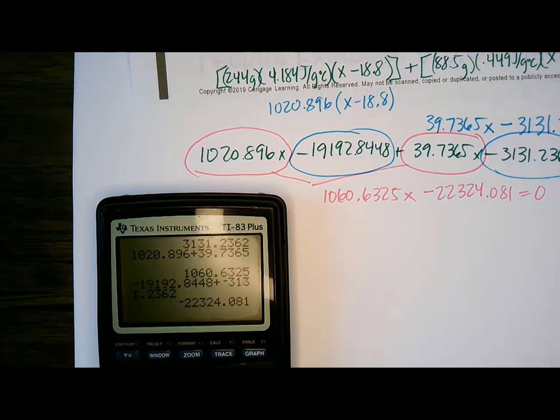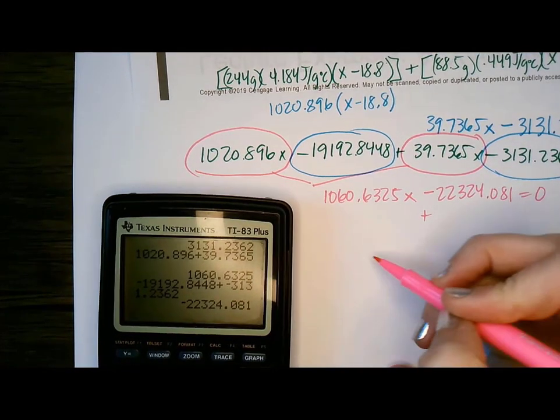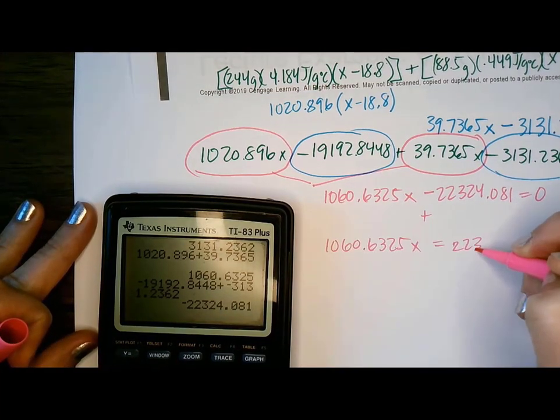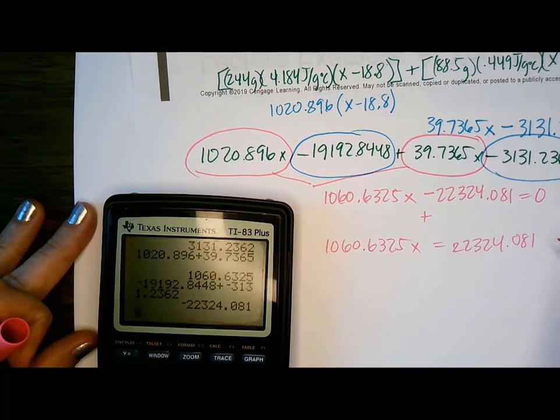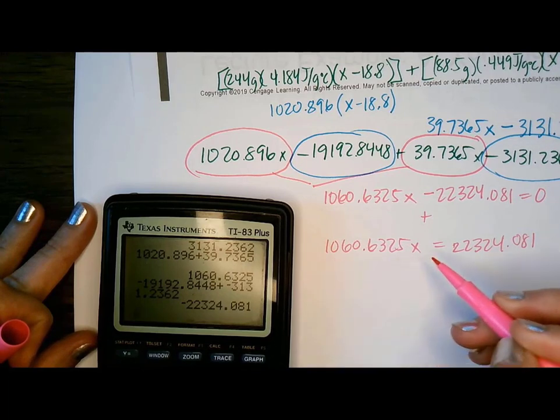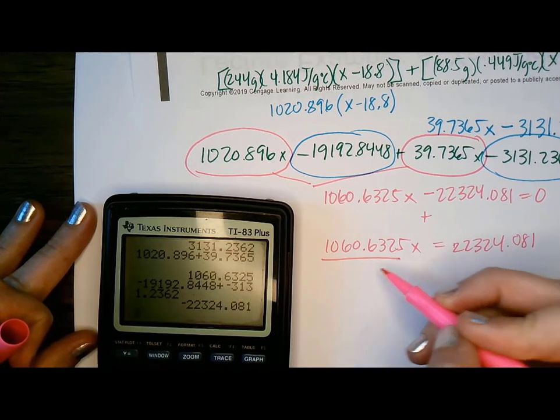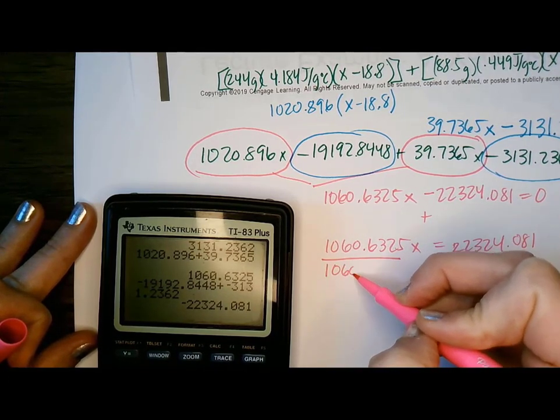All right, let's add that to both sides. So we're going to have 22324.081. Now to find X, which is our final temperature, we need to divide both sides by 1060.